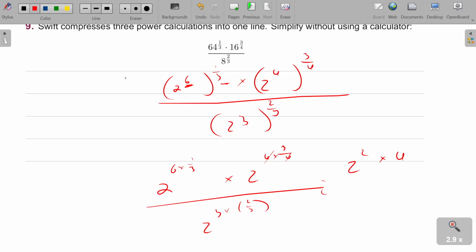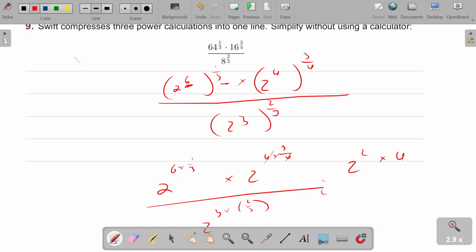It's 2 to the power of 3. Because I've got 2 to the power of 6 times 1 over 3, which is the same as 6 over 3, and that's the same as just saying 2. This is 4 times 3 over 4, and the 4's cancel out, which leaves 2 to the power of 3, and then you're going to have 2 to the power of 3 times 2 over 3.